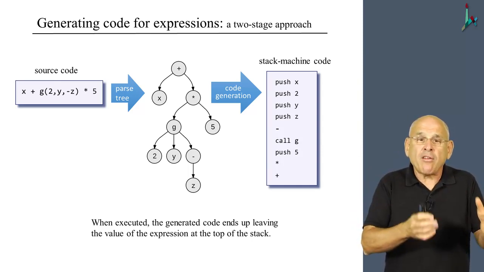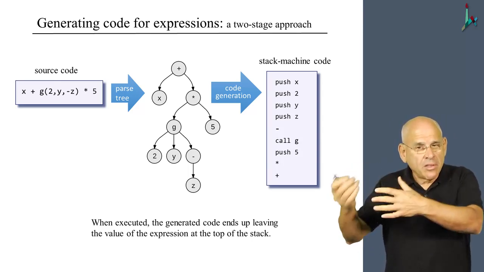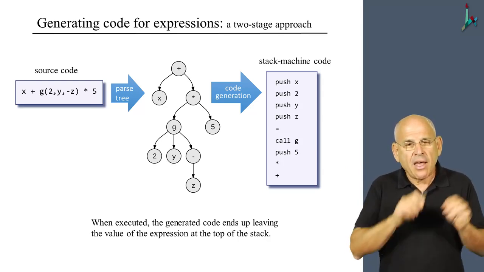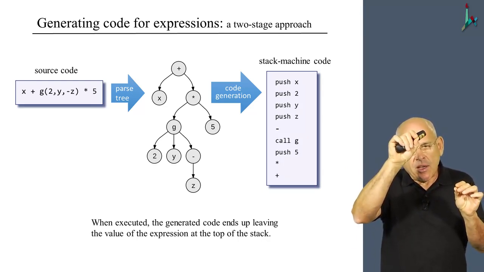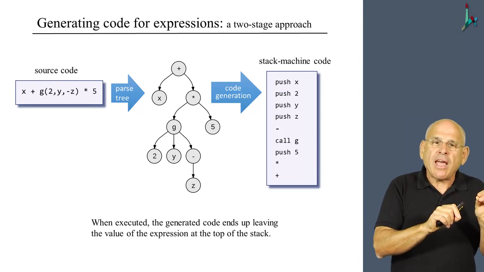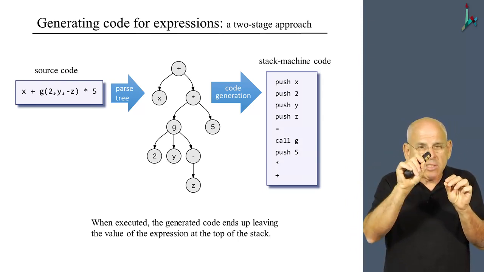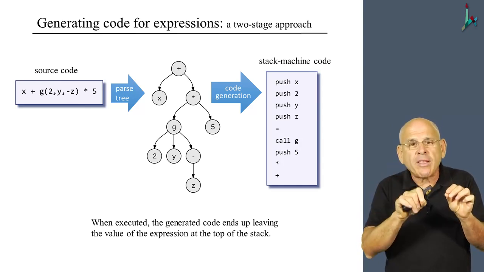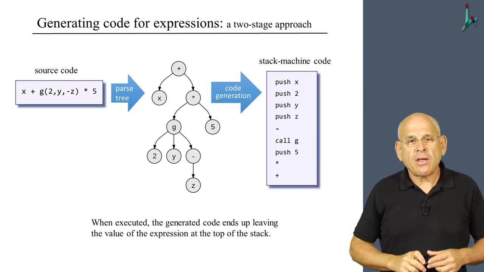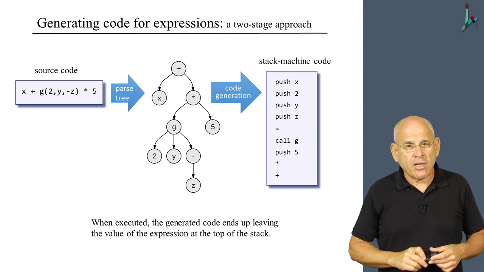So you go all the way down and you found X, well, you output push X. Then you backtrack to the root, and you once again go all the way down, and you get to the 2. You push 2. You backtrack to the closest node, which is G. You go all the way down, and you push Y, and so on and so forth.